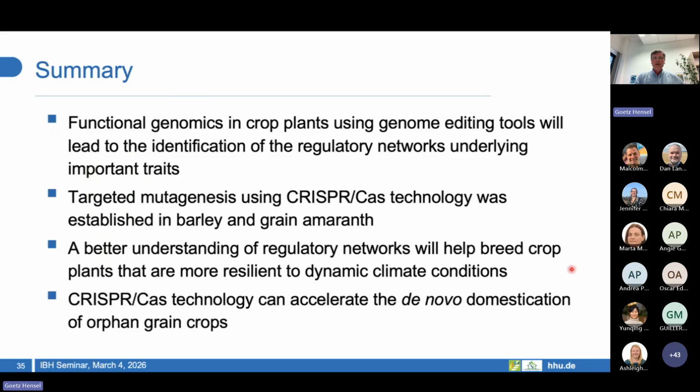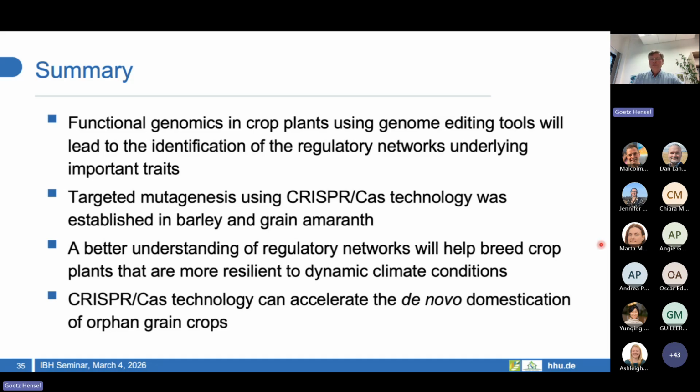In summary, I hope I could show you that we can use CRISPR technology for functional genomics. This will lead to the identification of the regulatory networks underlying important traits. Targeted mutagenesis using CRISPR technology was established in barley and grain amaranth.